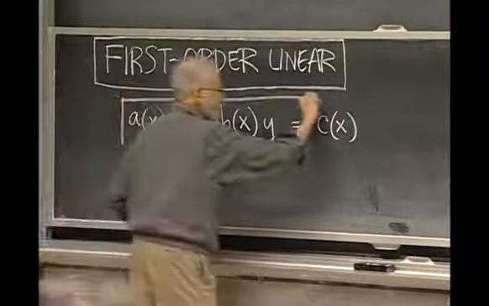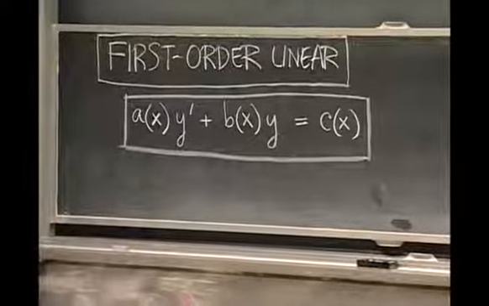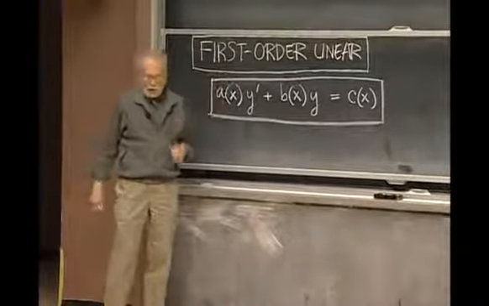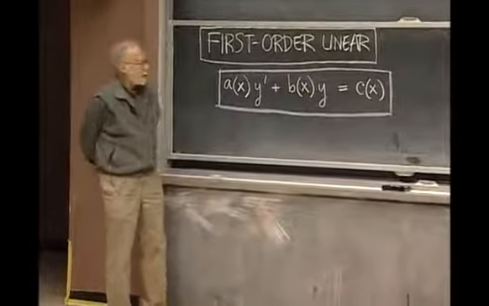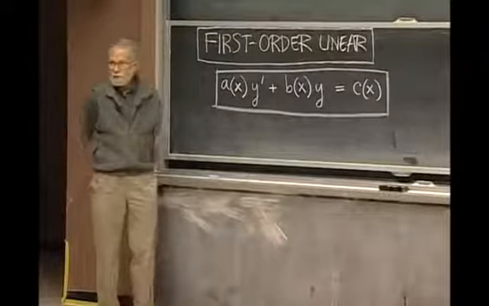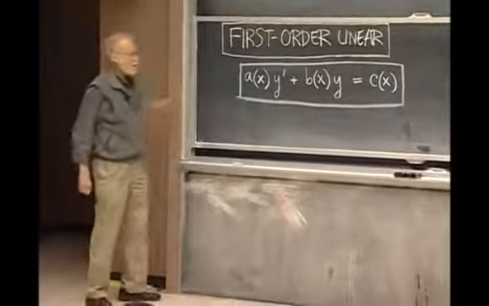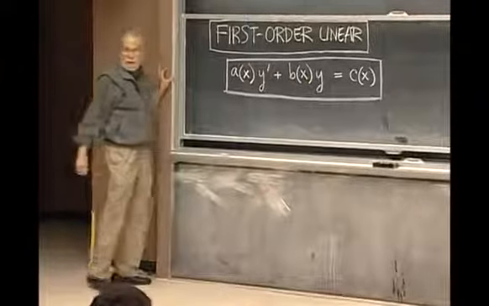Now, why is that called a linear equation? The word linear is a very heavily used word in mathematics, science, and engineering. For the moment, the best simple answer is because it's linear in y and y prime, the variables y and y prime. Well, y prime is not a variable, but in a certain sense, you'll learn it helps to think of it as one, not right now perhaps.